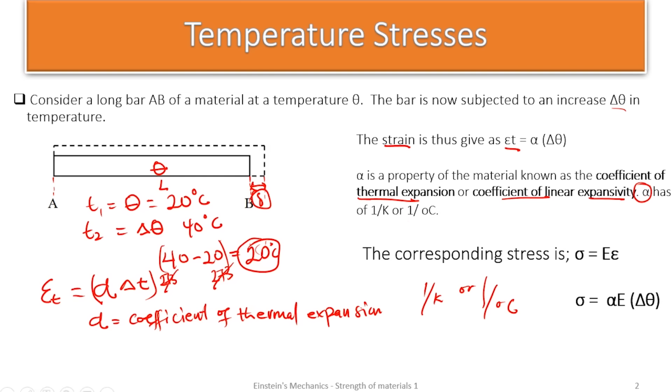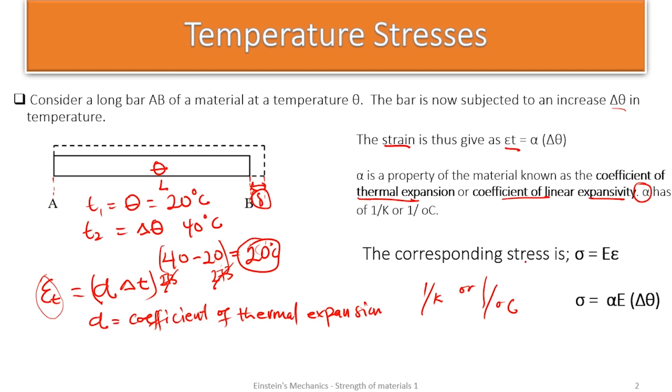So in temperature stresses, the thermal strain is giving us the coefficient of thermal expansivity times the change in temperature. And we are going to get the strain produced.